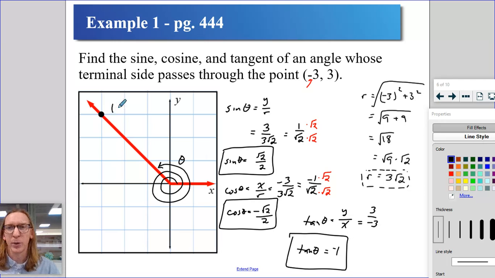Does it pass through this point or that point? It's the coordinates of that point, the location of this terminal side, that really gets you the ratio rather than how big the angle is. I mean, the size of the angle still matters, but it's not as important.